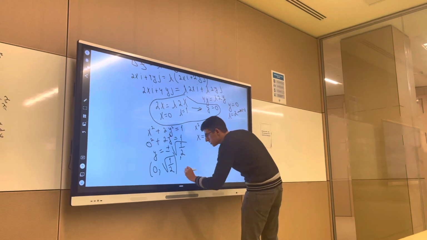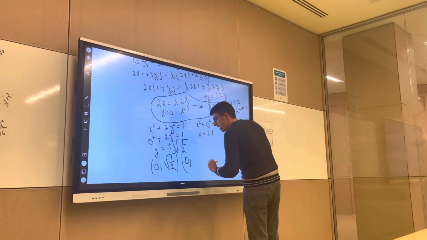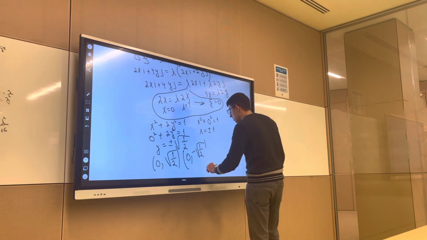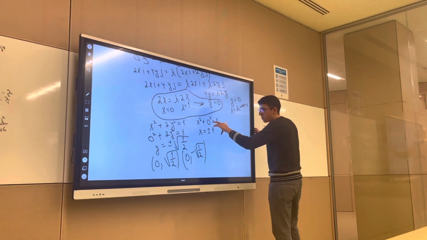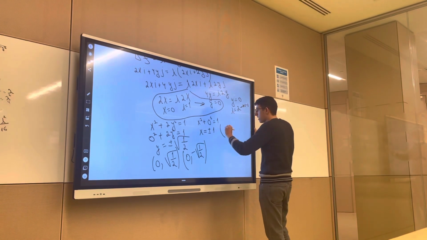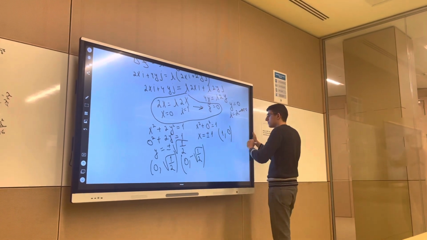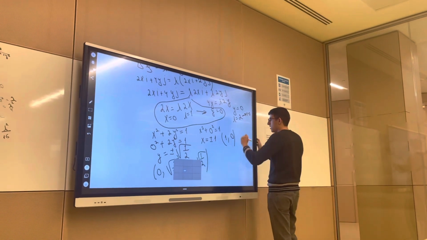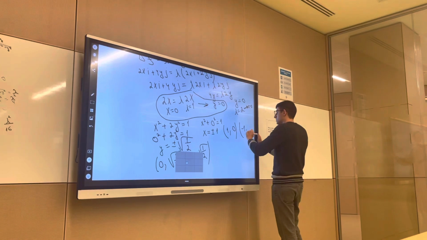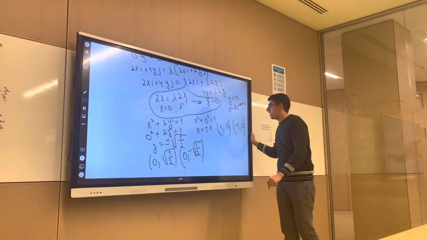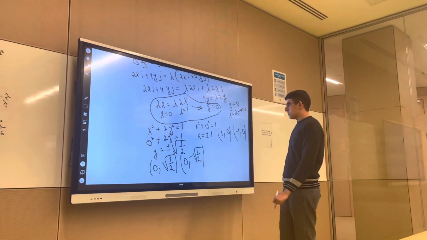Another point, x again 0 and minus 1 over square root 2. In this part, we suppose y equals 0, that's why we get (1, 0) and (minus 1, 0).